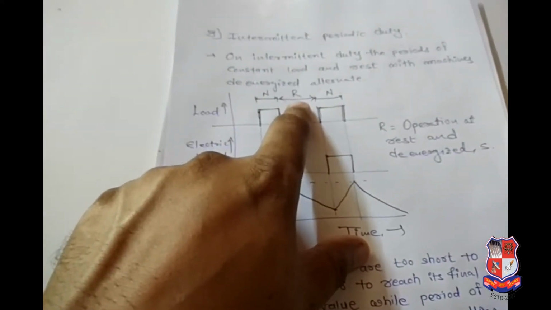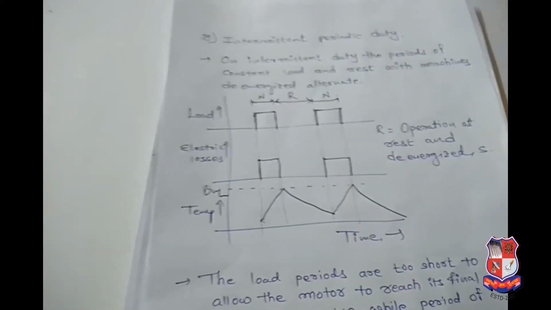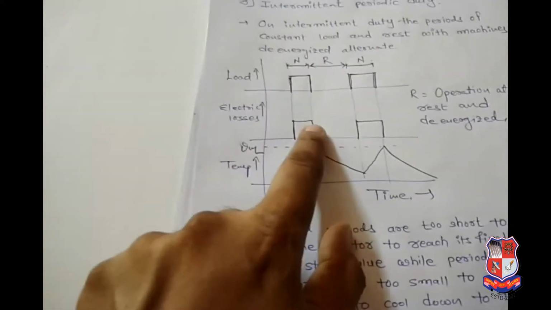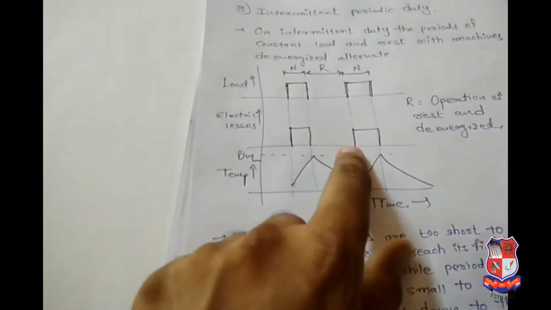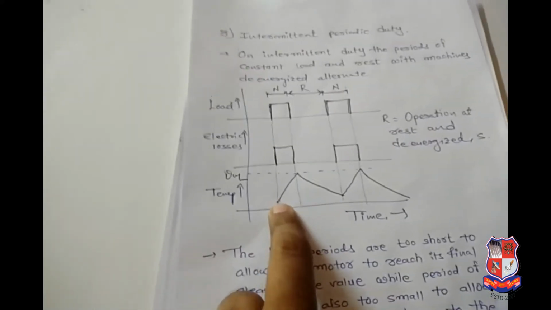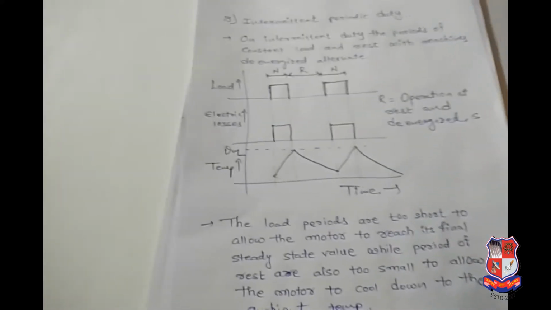That means the temperature of the motor gets less, and this is the electrical losses. At the operating period, electrical losses increase, then decrease, again increase, again decrease. The same happens with the temperature rise. Here the temperature increases at the time of operation, and at the rest time it starts to decrease.